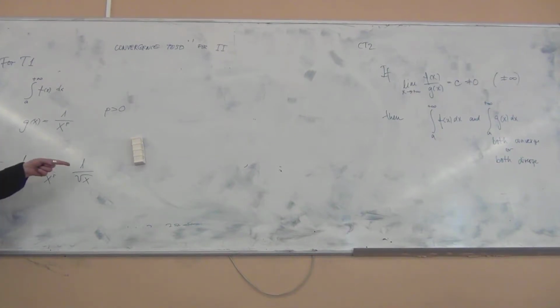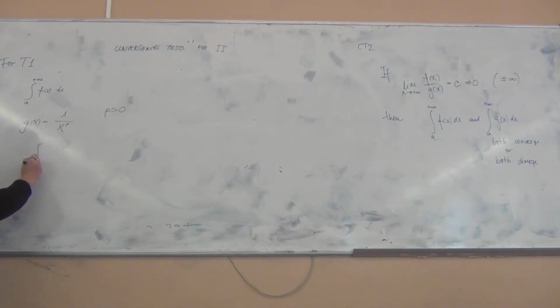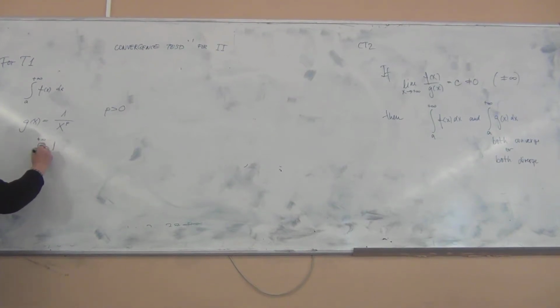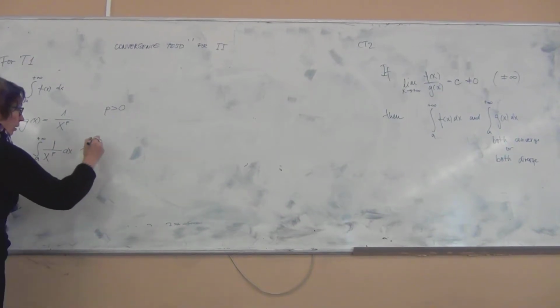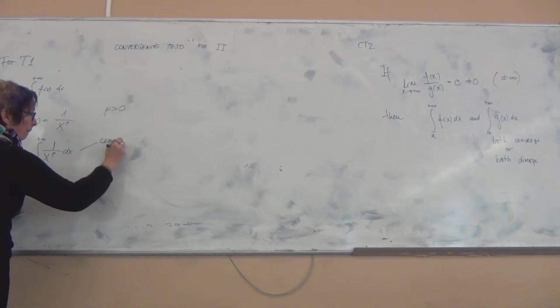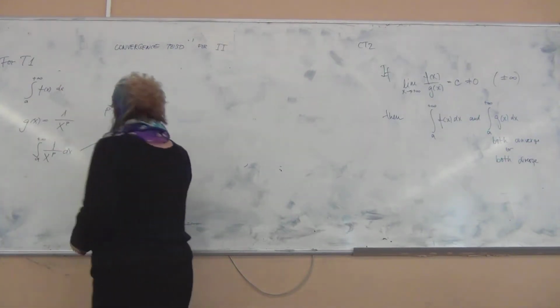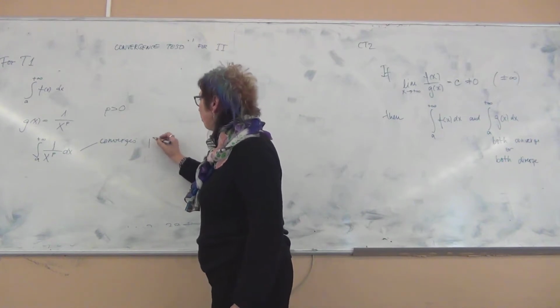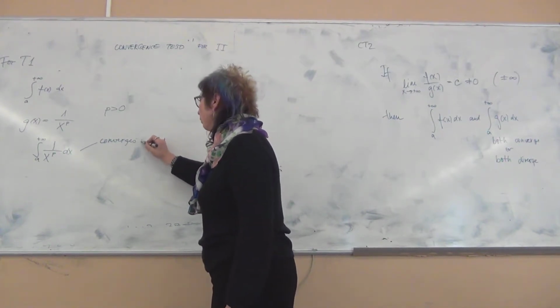So this kind of function, 1 over x to some power, even if this power is a rational number, even if it's a root. All we need to know is that it's positive. So in this case, the integral from a to positive infinity of 1 over x to the power p dx converges if and only if p is greater than 1.